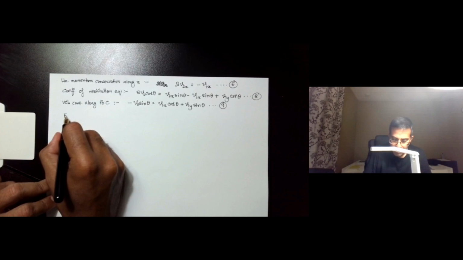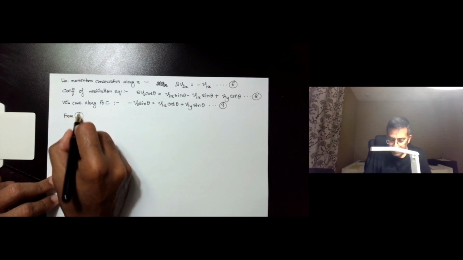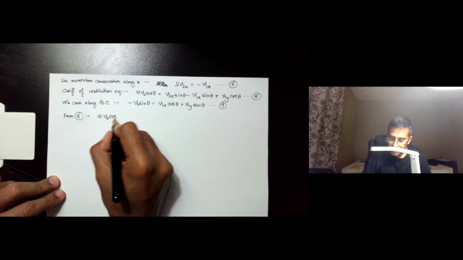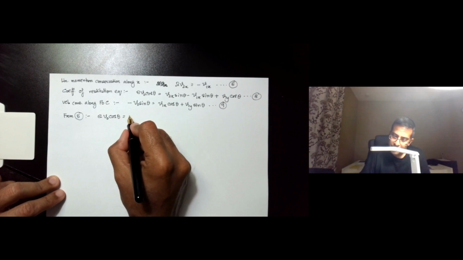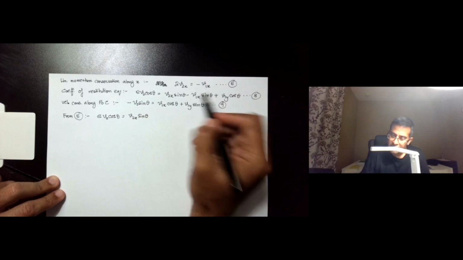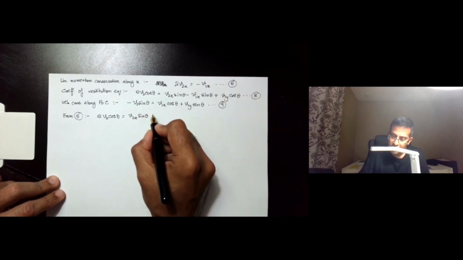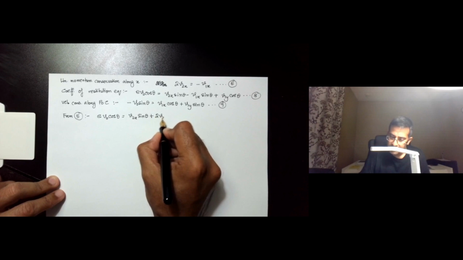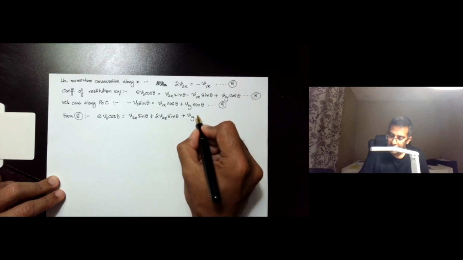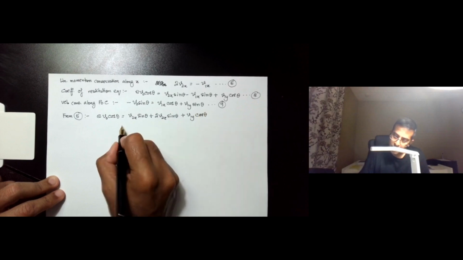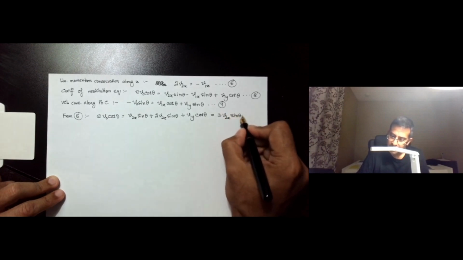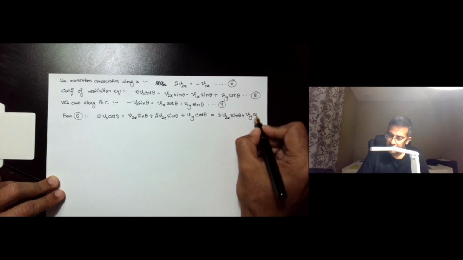So therefore from 5 we have E v0 cosine theta is equal to v2x sine theta, and minus v1x is equal to 2v2x, so it's going to be plus 2v2x sine theta plus v1y cosine theta, which gives 3v2x sine theta plus v1y cosine theta.